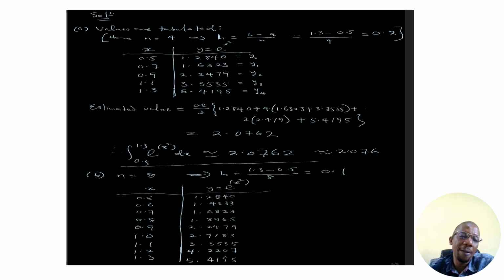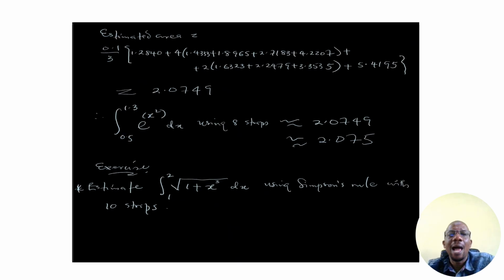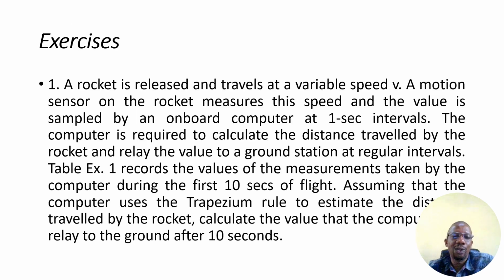So we tabulate the same way, and then our estimated area is this. Therefore, the integral of e to the x squared gives us approximately 2.075.